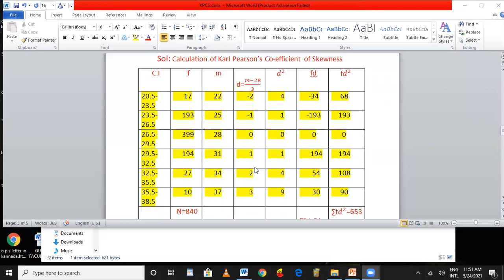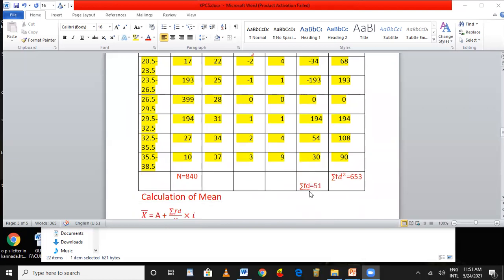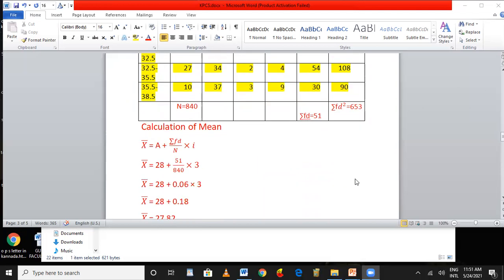Then 0, 1, 2, 3. Then square the deviations to get d square. In the same way, find fd and fd square. The total of fd is 51, and the total of fd square is 653.